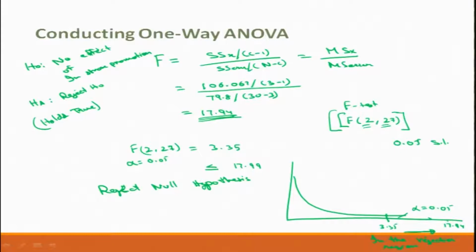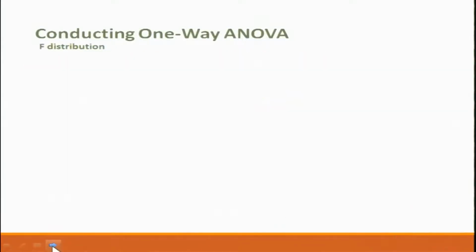So, we have completed the 5 steps: identify the dependent and independent variables, decompose the total variation, calculate the statistic value, then test the null hypothesis. If the null hypothesis is rejected, then the interpretation is that our independent variable has a significant effect on our dependent variable. So, this was our analysis of variance, the mechanism here.